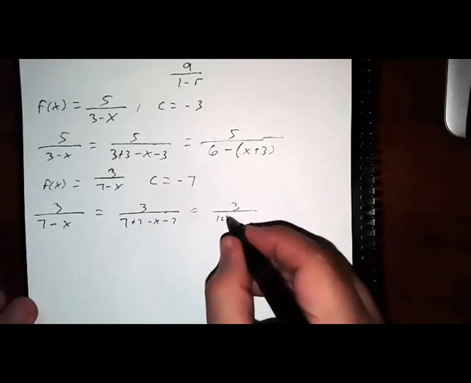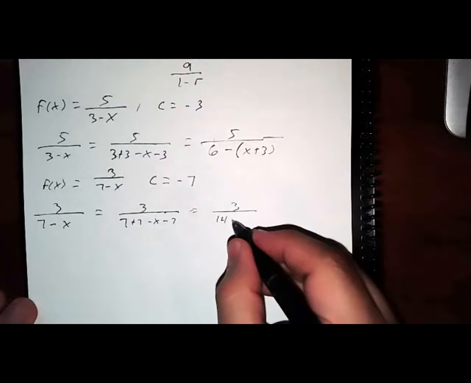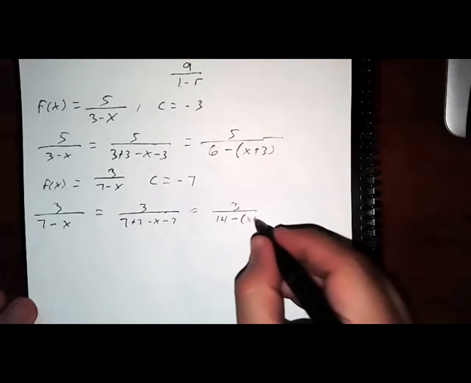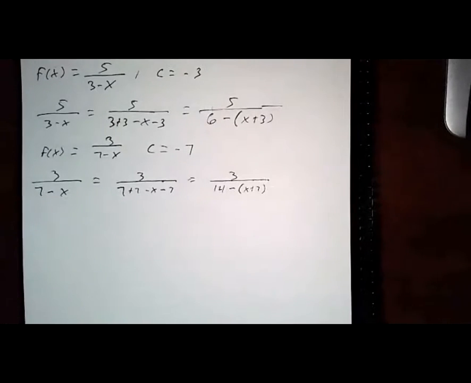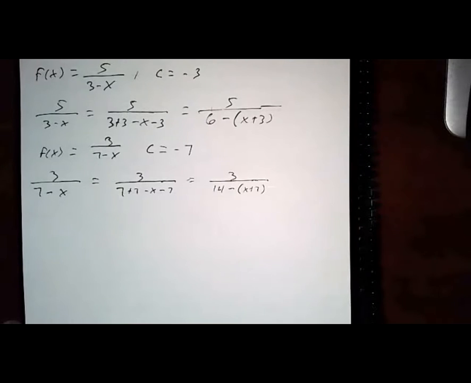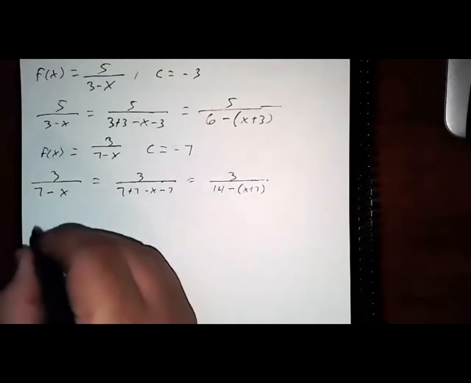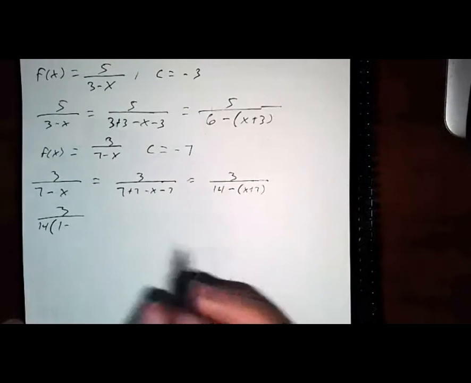So this is 14 minus x plus 7, right? Oh, okay, I see what I did. So then I factor the 14 out of there. So I get 3 over 14 over 1 minus x plus 7 over 14.